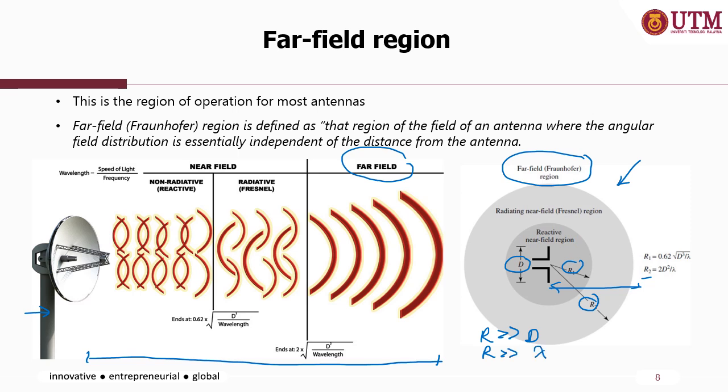Lambda is the wavelength of the antenna at the intended frequency. So in the far field region, R must be larger than 2D squared over lambda, where D is the linear dimension of the antenna, and lambda is c over f. F is the frequency, the resonant frequency, or the intended frequency of the antenna.